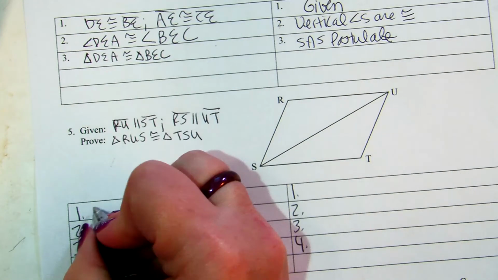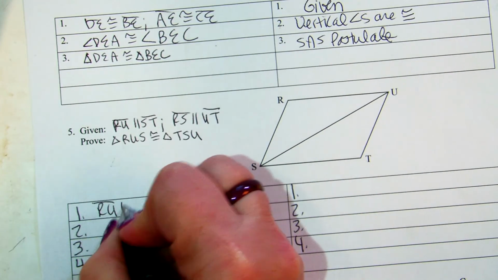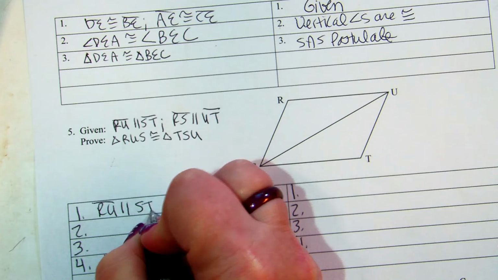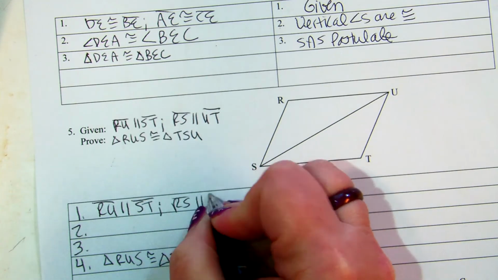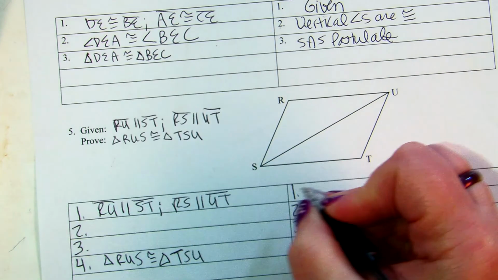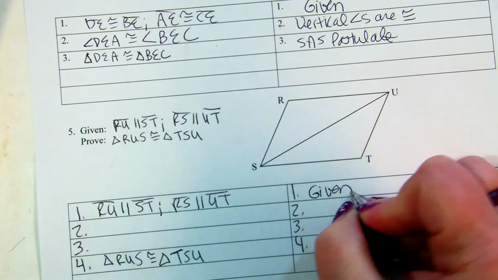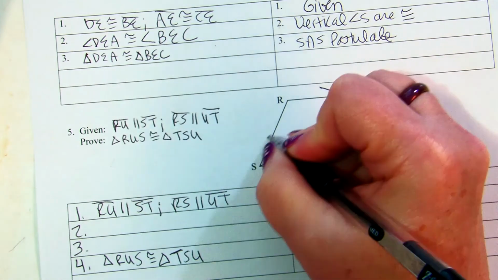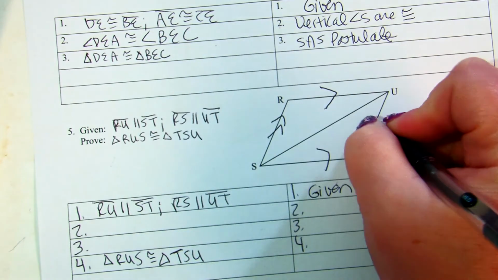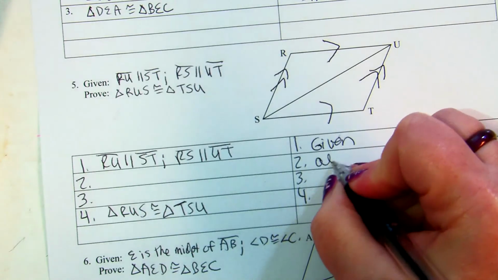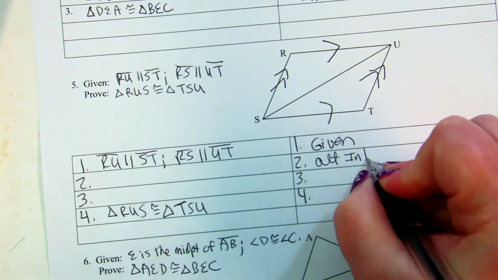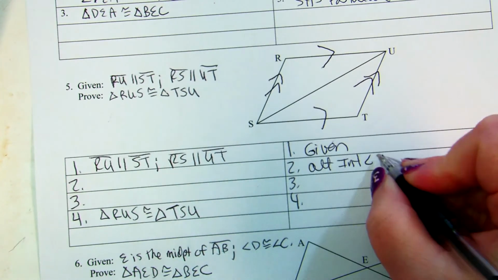And then hardest one. So don't worry if you didn't get this one. These are parallel and these are parallel. So these are parallel and these are parallel. And the angles that we get from them are alternate interior angle theorem.